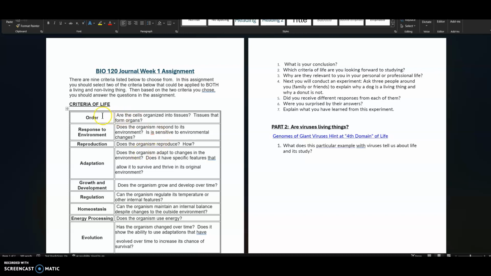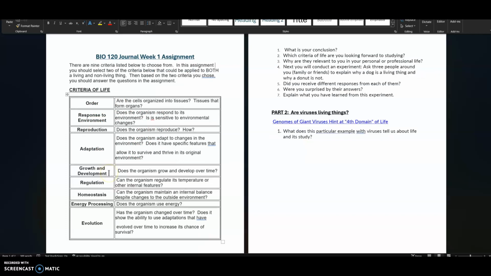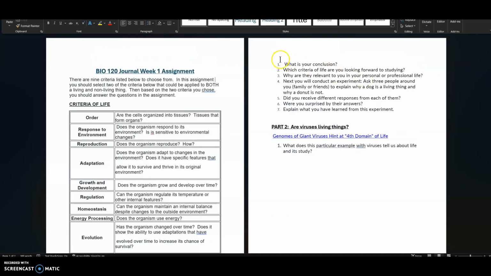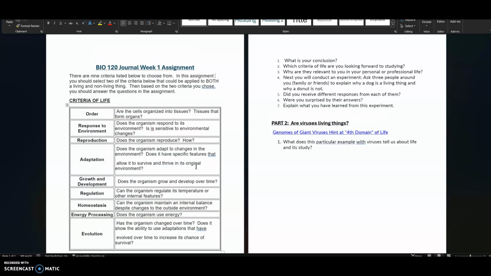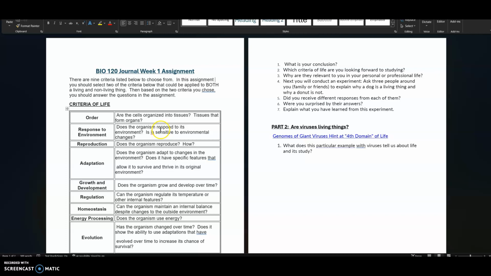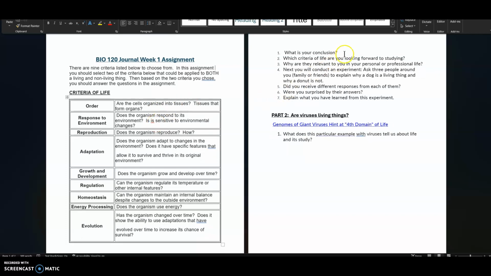And you're going to pick 2 of these that would apply to both. And then you answer these 7 questions, which were in the module. The only thing that wasn't included in that assignment is this criteria of life, which I've asked SNHU to include. But it is also in the reading materials, so you can go back and look in the reading materials for that as well.